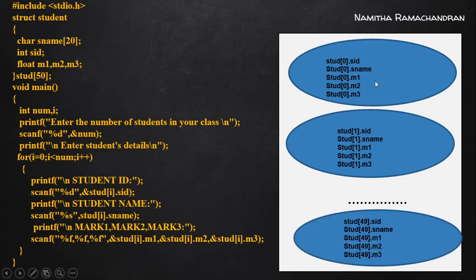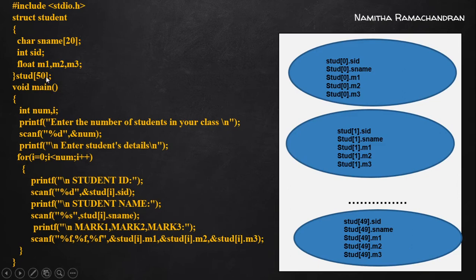This group of memory allocation indicates the details of our first student, this one is used for storing the details of our second student, and so on. Finally, the same amount of memory allocation is required for storing our 50th student's details.